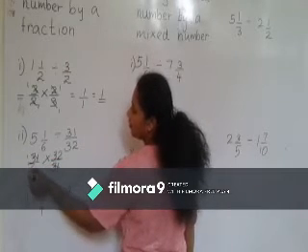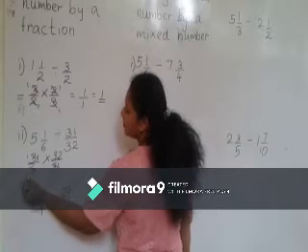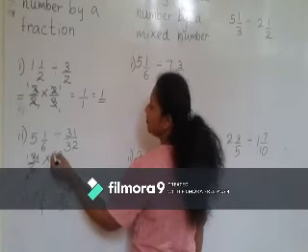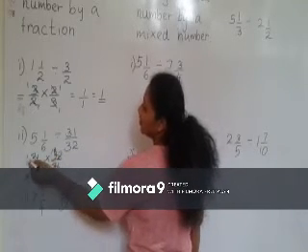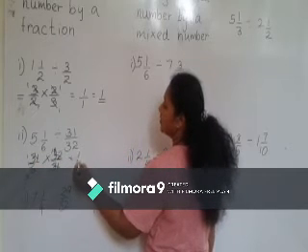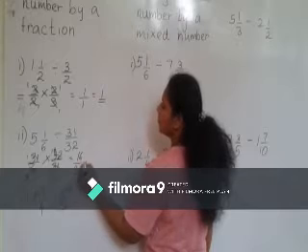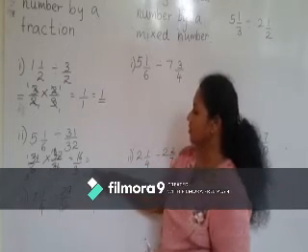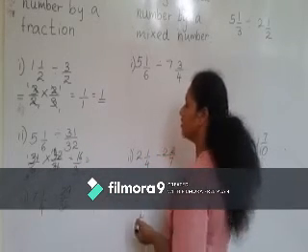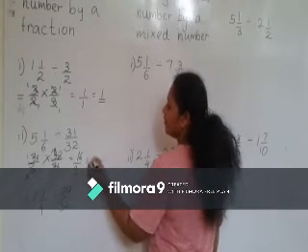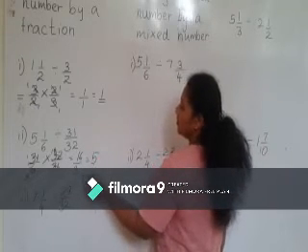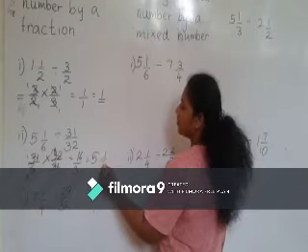We can divide by 2. 6 divided by 2 is 3. 32 divided by 2 is 16. Then 1 times 16 is 16. 3 times 1 is 3. Then this is an improper fraction, so we have to make it into a mixed number. There are 5 groups. 3 times 5 is 15. 1 remains. 1/3.